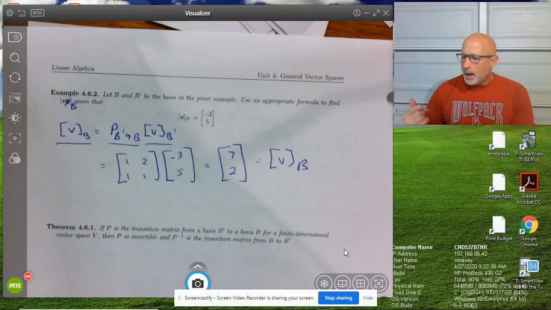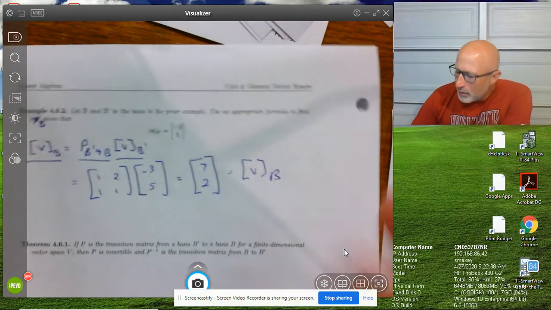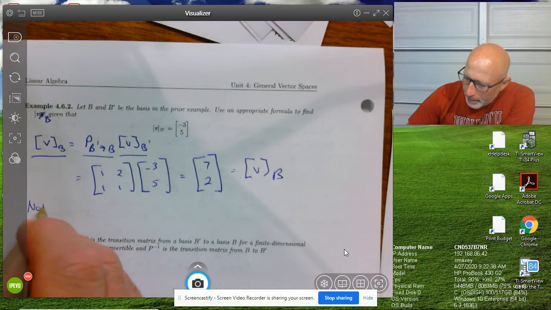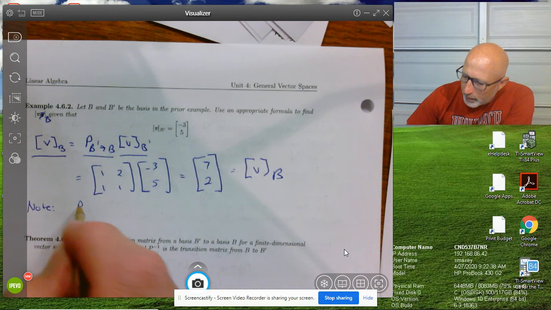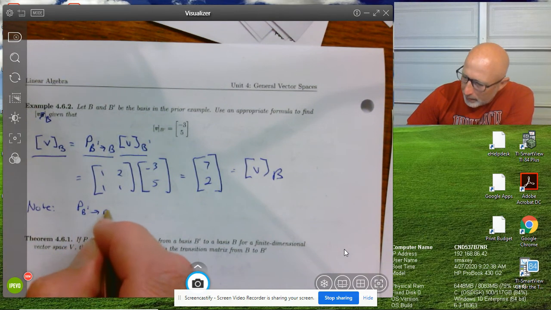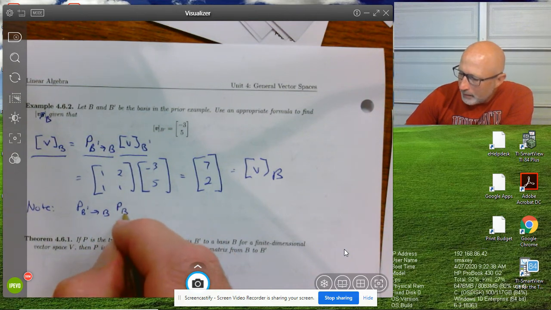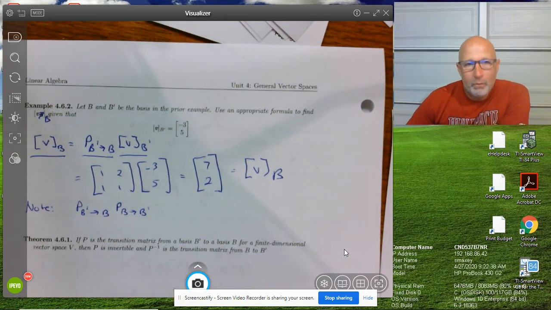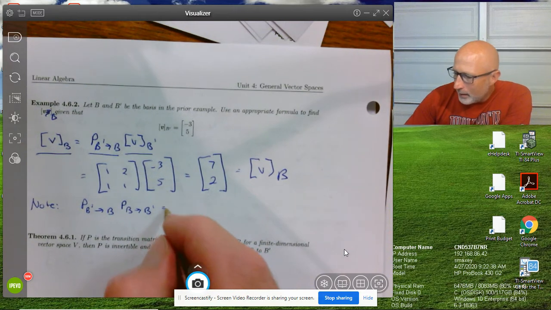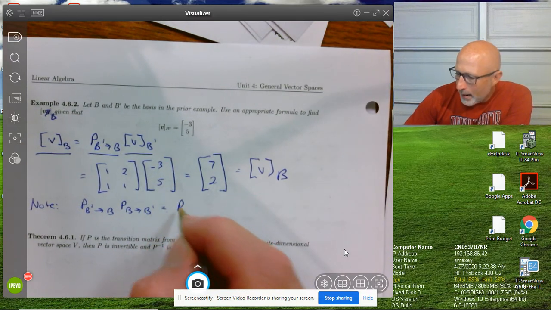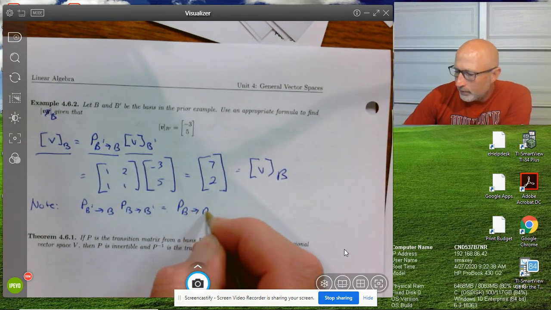Now, note that we have this idea: if you took a transition matrix that's going to map b prime onto b, and then times the transition matrix from b to b prime, well, what is that? That is just the matrix that maps b onto itself.